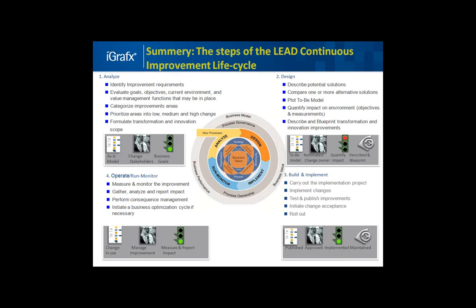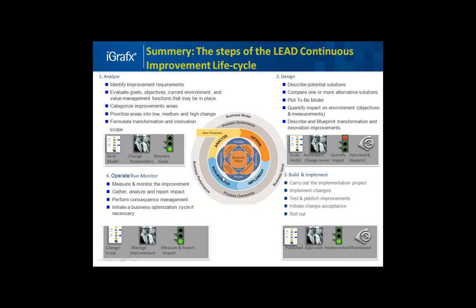Now you actually implement the changes and the improvements, and you roll them out. So you publish the process models with the measurements, with the monitoring aspects. So right now you have process owners who approve them, who can monitor them, who control them, and you can start maintaining them and improving them over time.